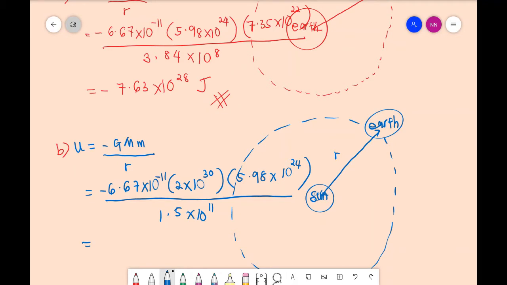So 6.67 to the power of negative 11, times 2 to the power of 30, times 5.98 to the power of 24, divided by 1.5 to the power of 11.